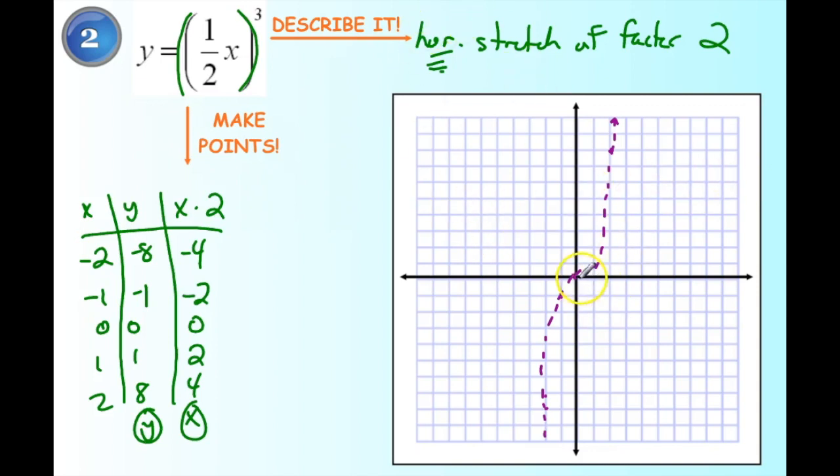So here we go. -4, 1, 2, 3, 4, -8. -2, -1, 0, 0, 2, 1, and 4, 8. So you can see how it got wider because it's a horizontal change; you're stretching it horizontally, pulling it to the left and to the right.